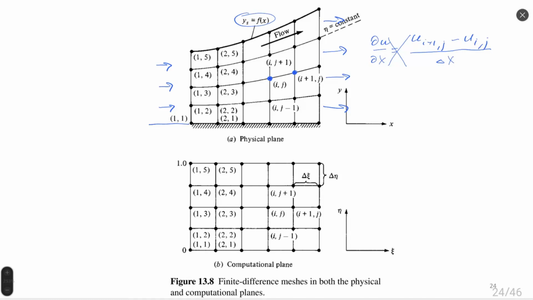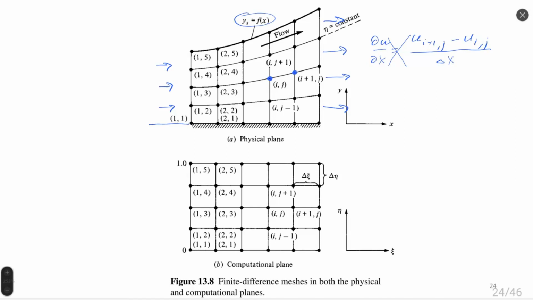Such transformation, I hope you studied in mathematics, is called transformation of coordinates, and is made by introducing the Jacobian of transformation, and in such way we always can represent the physical plane as a computational plane. It's identical from the point of view of number of points, from the point of view of relation between points, but it already will be structured and it will be equally spaced.